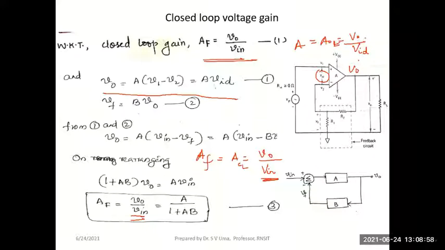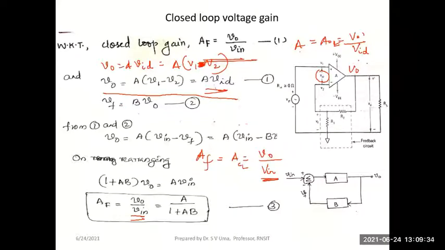So what will I get as V0? V0 will be A into VID. And what is VID? VID is nothing but the difference between the two input signals, V1 minus V2. Okay, you can write V1 minus V2 also, both are one and the same, provided V1 is higher than V2. So A VID can be written like this.